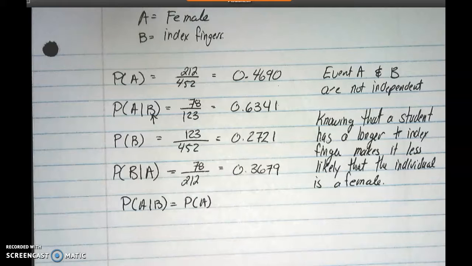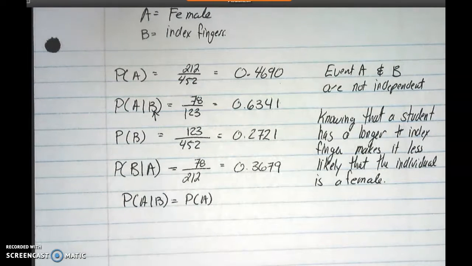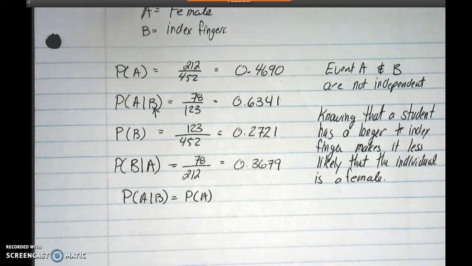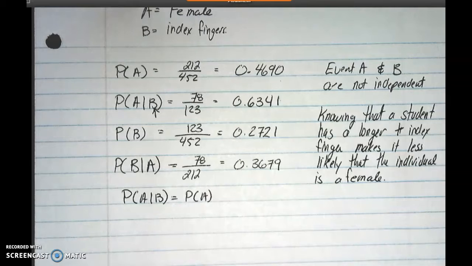And then you could say the same thing whichever way you want to do it. If you did this one, knowing that a student is female makes it less likely that the individual has a longer index finger.